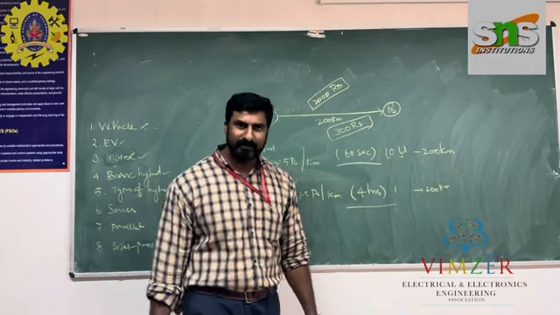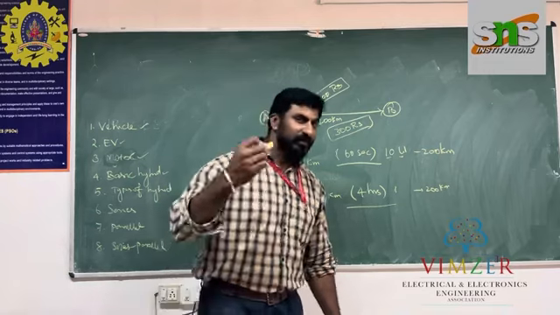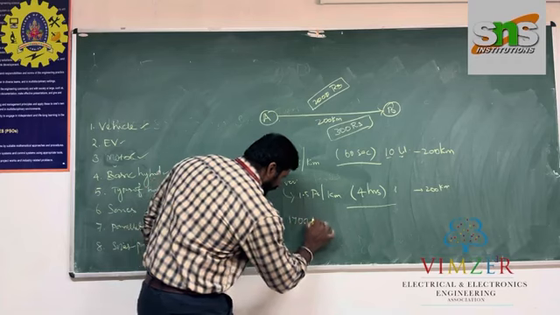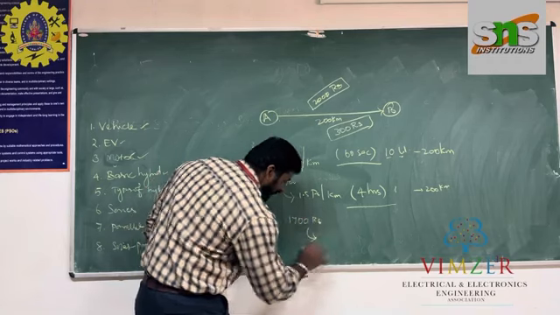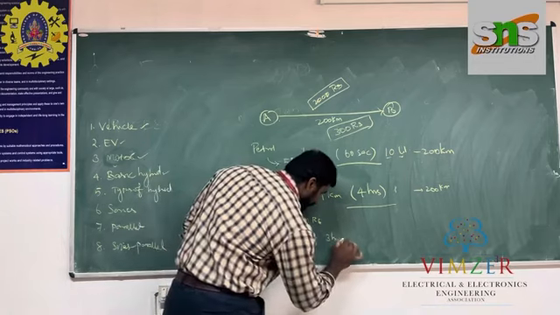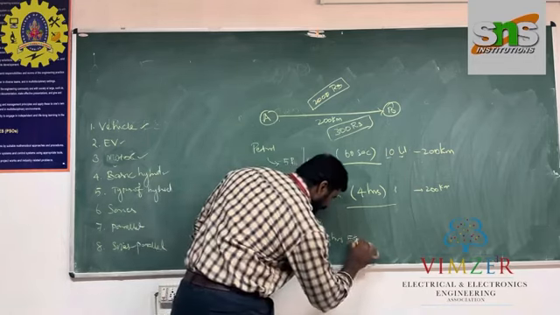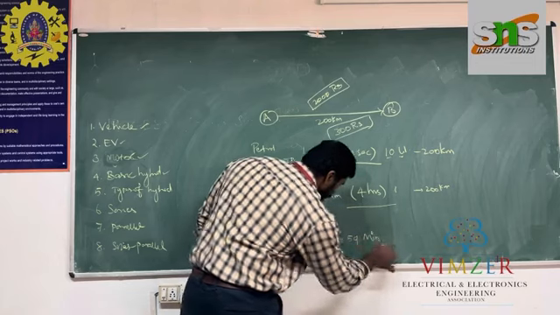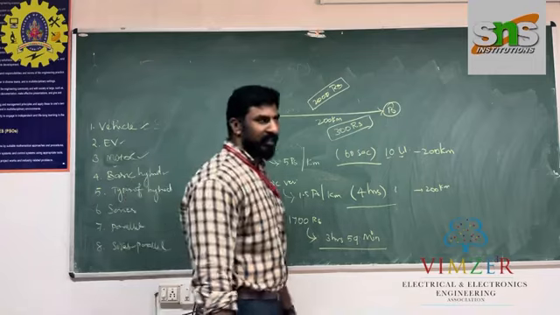Will you understand? So just imagine, if we need to save 1700 rupees, we need to sacrifice 3 hours 59 minutes. Alright.